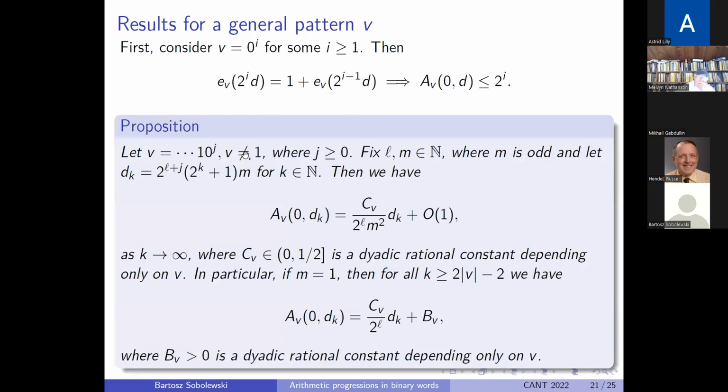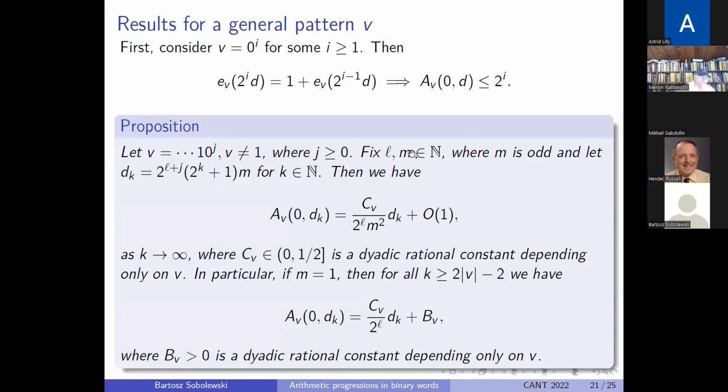And also I exclude V equal to 1 from the considerations because we already have a result which I gave in the beginning. So let V be a pattern which contains a 1 and ends with j zeros.